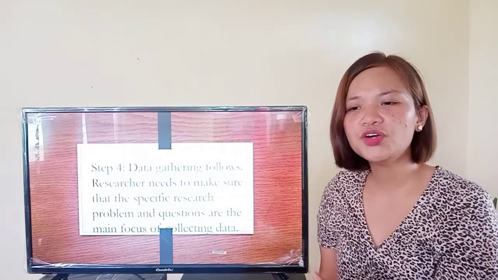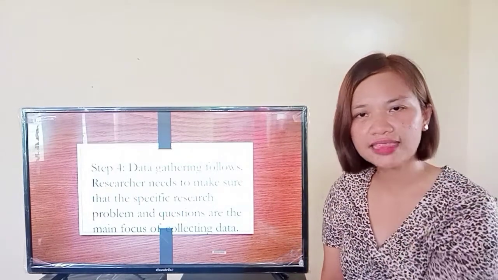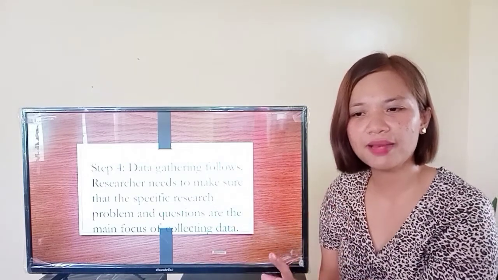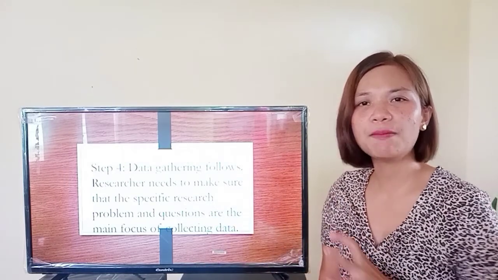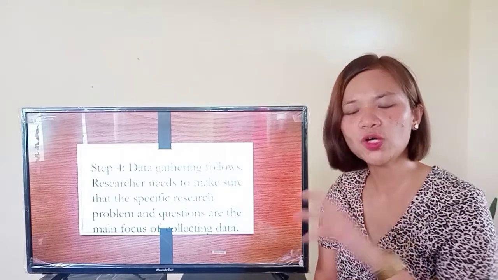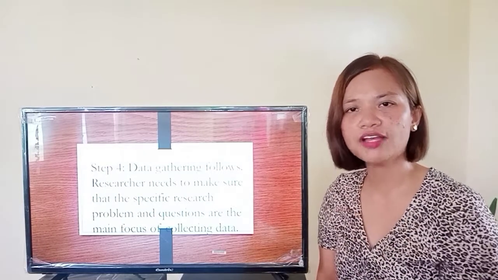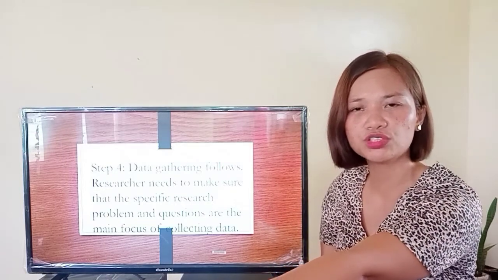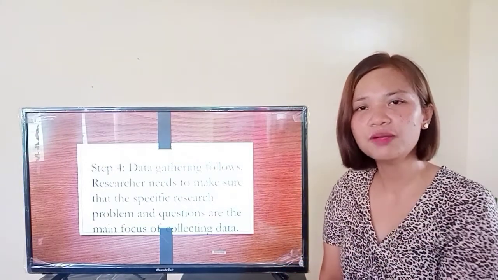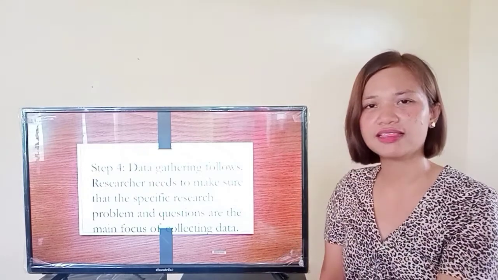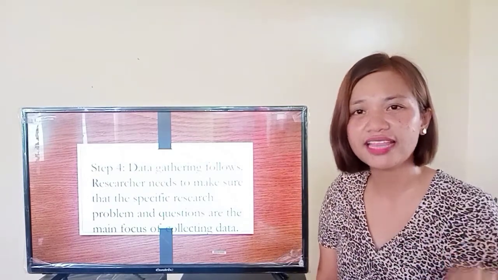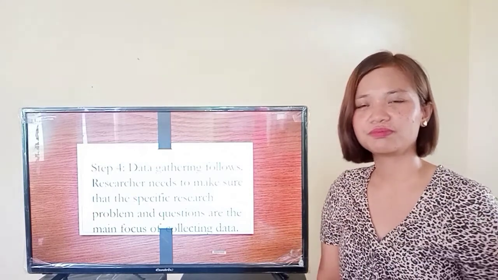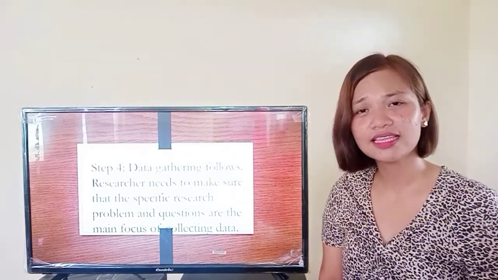Remember, yung i-gather mong data, doon mo i-anchor sa mga questions and problems. Okay? Doon ka magpo-focus. Huwag kang mag-collect ng data, ng information, ng facts na labas doon sa problemang hinahanapan mo ng solusyon. Huwag kang hahanap ng information, huwag kang hahanap ng data kapag hindi naman siya related doon sa problem mo, sa question mo. Alright? Did you get the point?